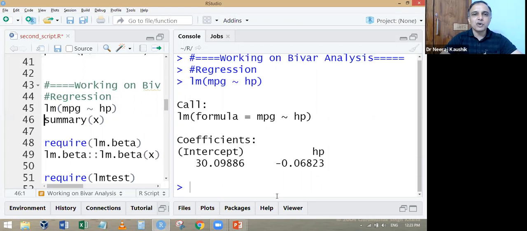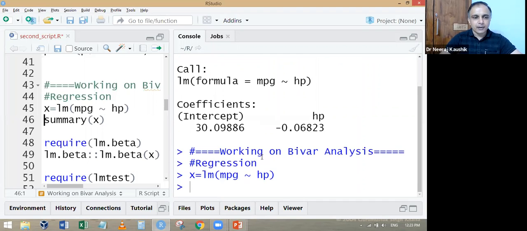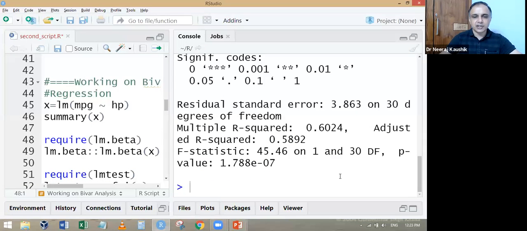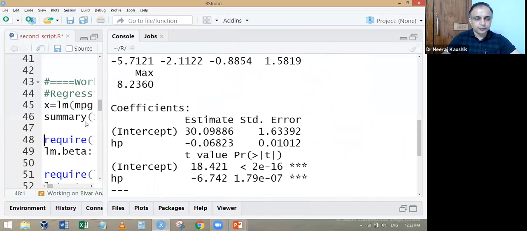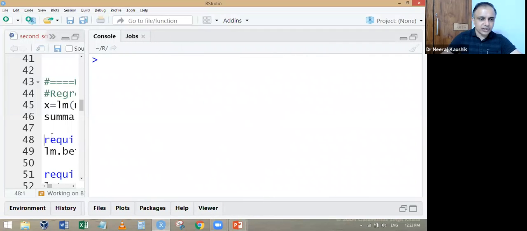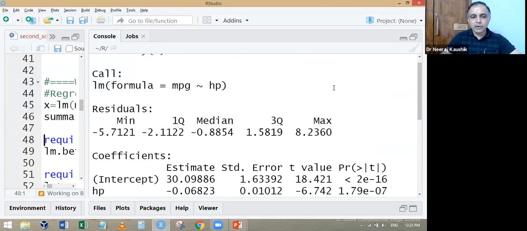But remember I told you we use an iterative process. The meaning of the iterative process is let me save this into X, and let me get the summary of X. Now I get so many other things also. I have to run it once again so that you can see it on one screen. Now it is SPSS-like output.